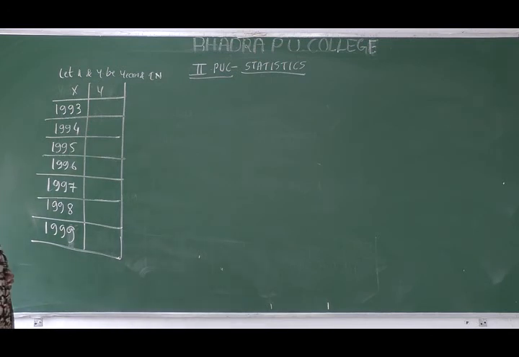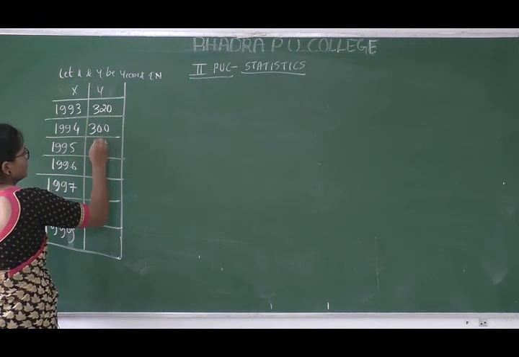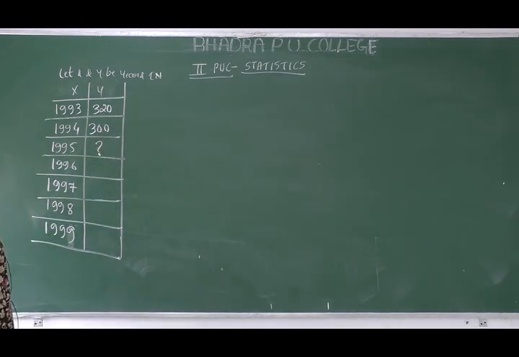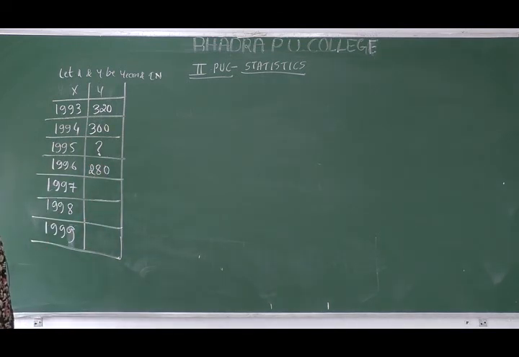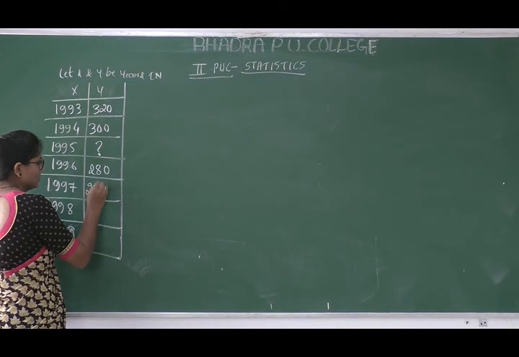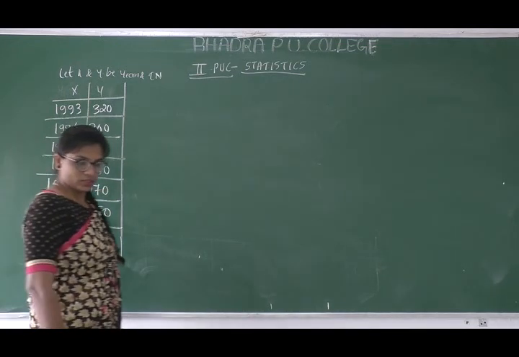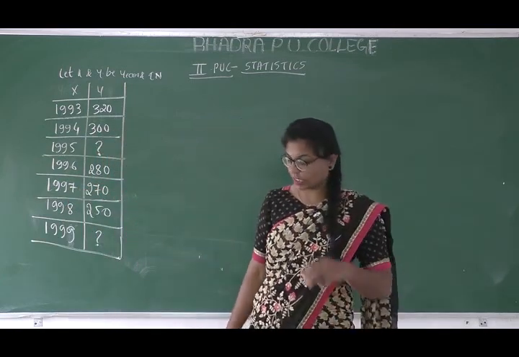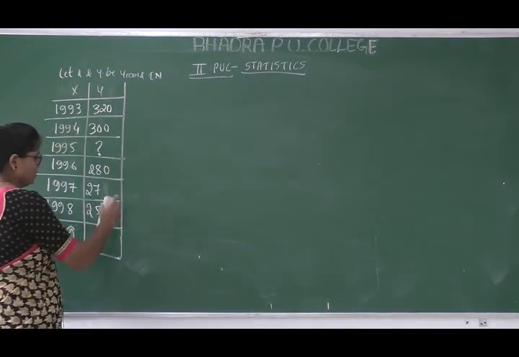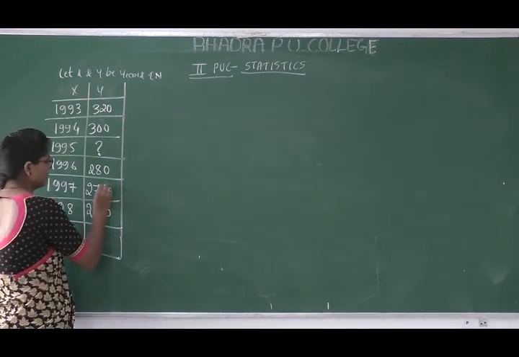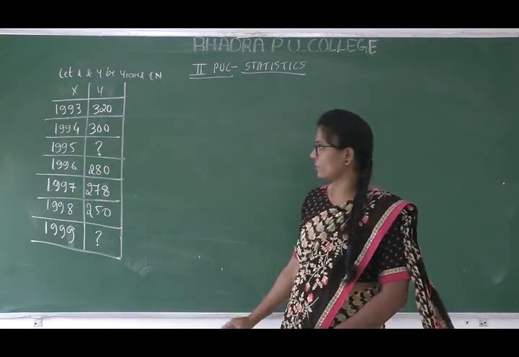So we have the values 320, 300, question mark, for 1996 we have 280, 278, 250, and then the last one we have question mark.